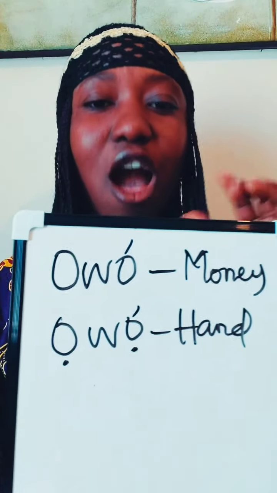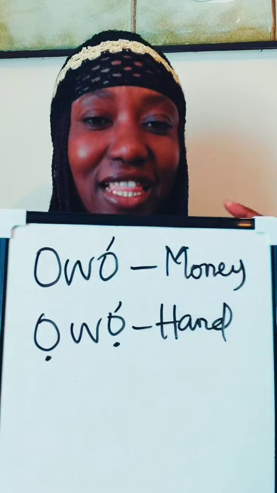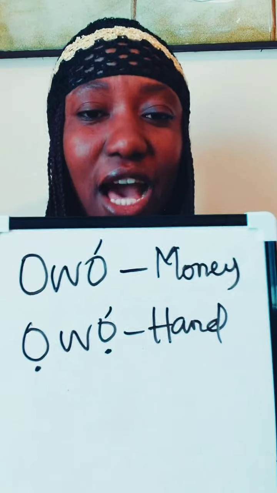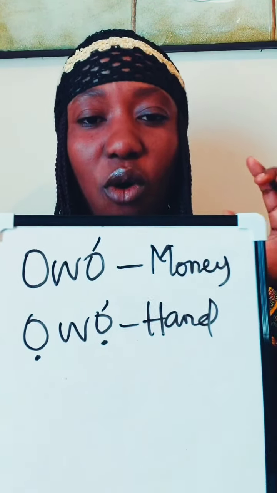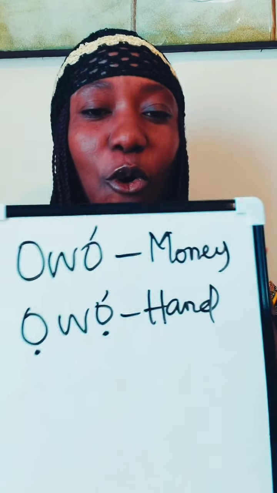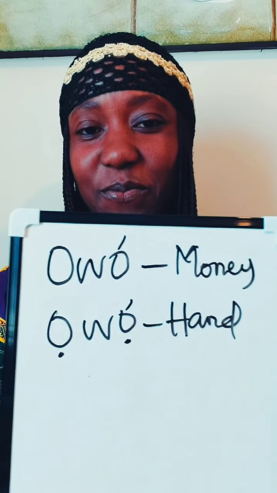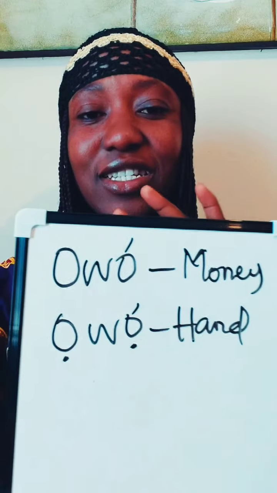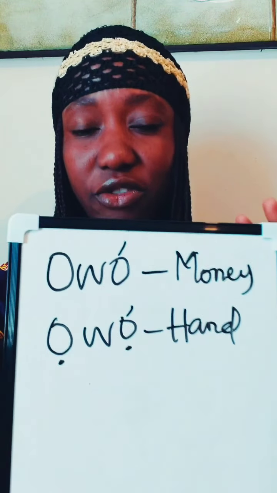Okay, so both owo and owo, they actually both have the same tone mark. Re, mi, re, mi. See that? They sound exactly the same. The only difference is the alphabet. Do you understand that now? So they have the same tone marks on them.